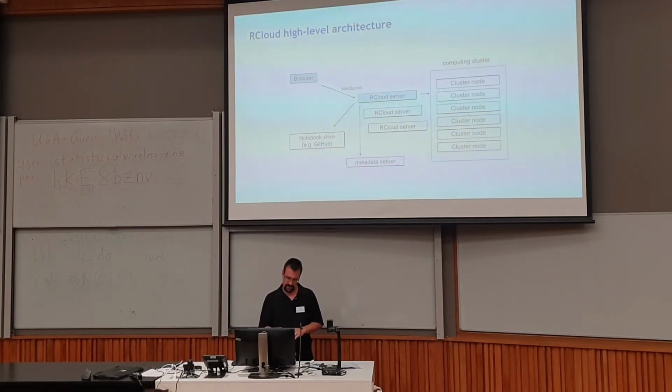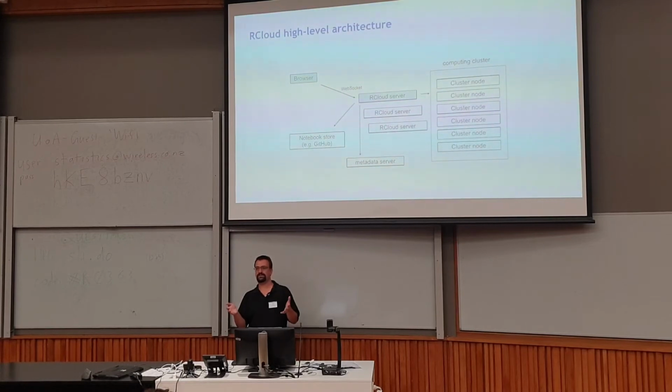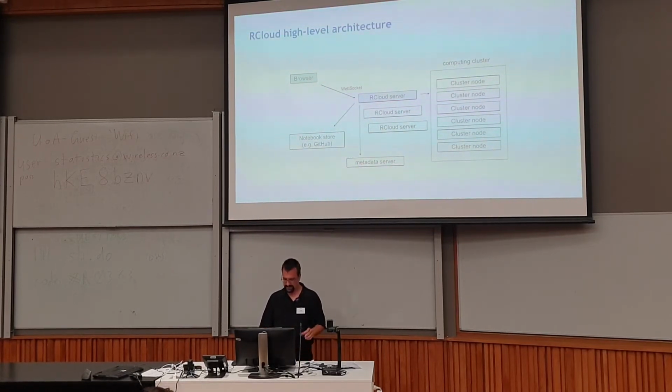But an actual R Cloud server itself will then talk to the storage where all the notebooks are stored, essentially the Git repositories that I talked about, and also has a bunch of metadata that has things like how popular certain notebooks are, did people star notebooks, you can actually search on these things or sort on these things and so on.